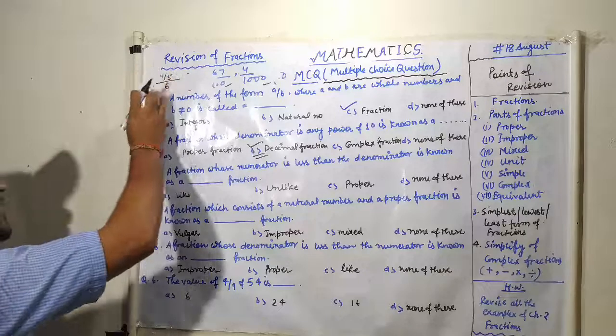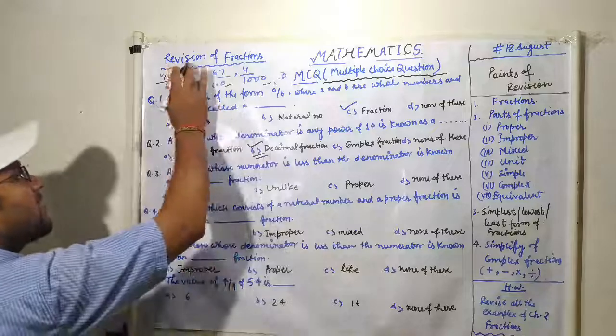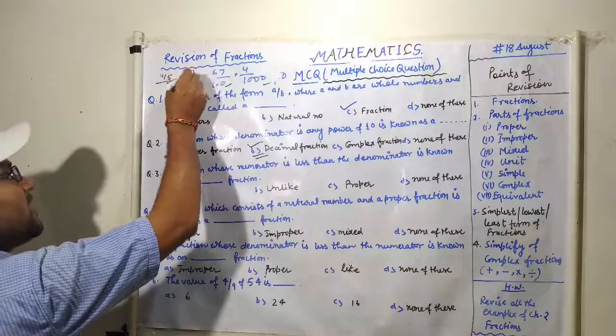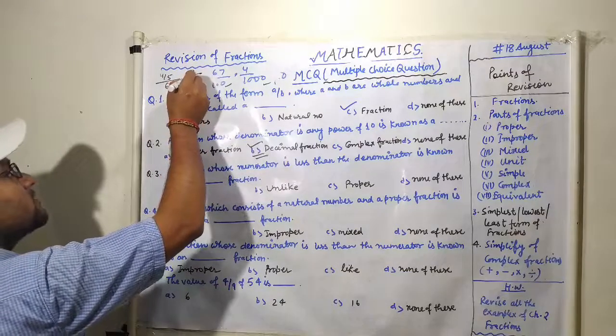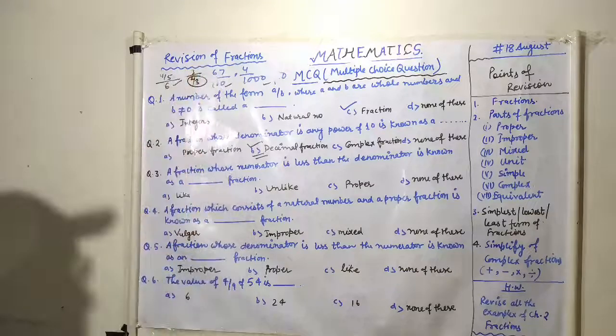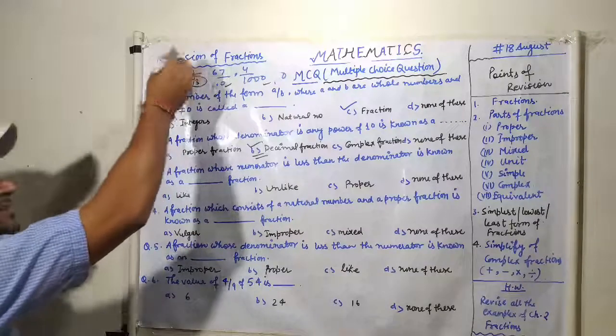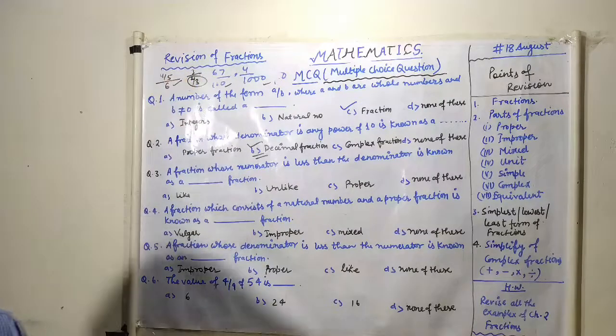This type of fraction is known as a complex fraction. Or 3 upon 2 upon 3, where the denominator itself contains a fraction. This is also a complex fraction.